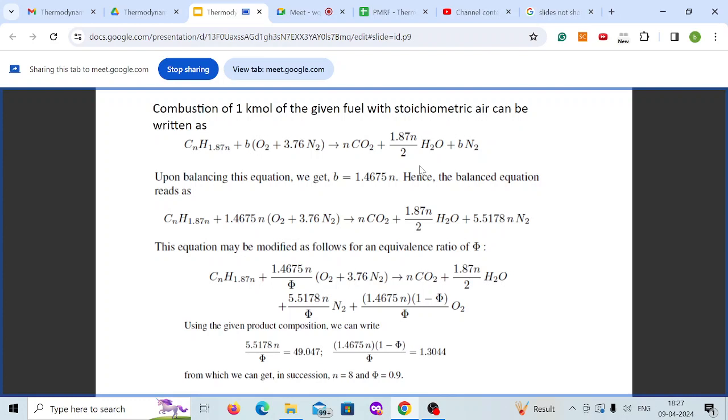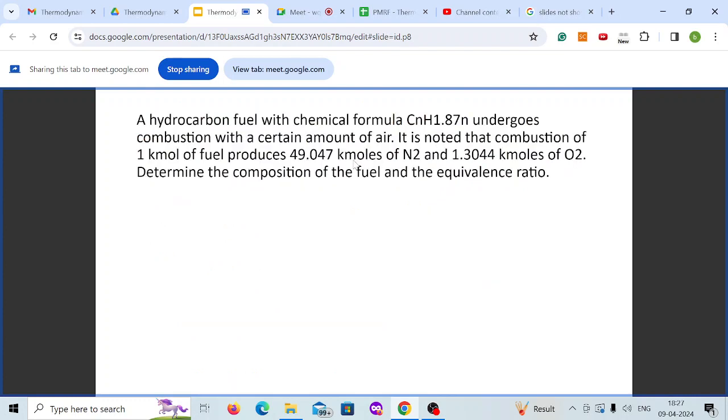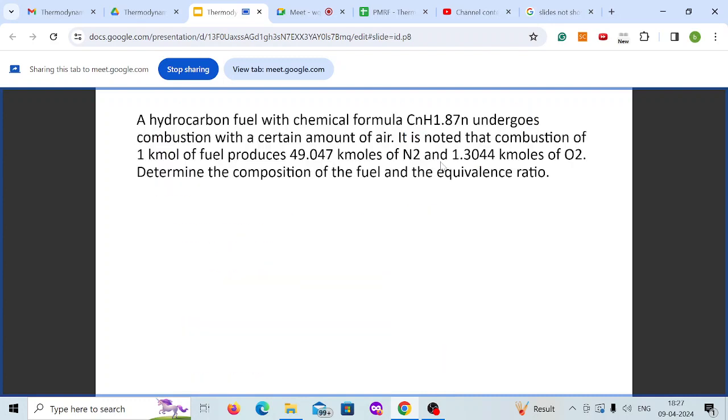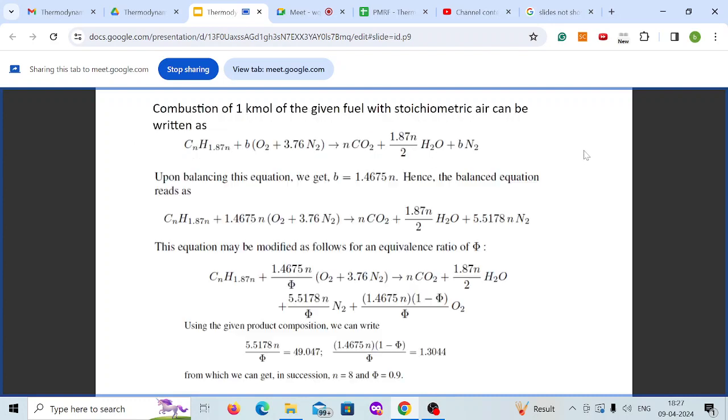In the question it's said that 49.047 kilomoles of nitrogen is present and 1.3044 kilomoles of oxygen is present. So from there, if you do the balance, you will find that the air required is 1.4675 times n.